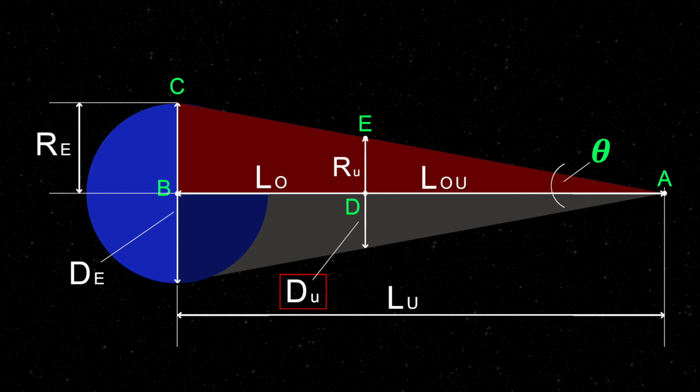The large triangle represents half of the entire umbra vertical cross-section. Its vertical side is labeled R sub E, and its length is the radius of the Earth. Its horizontal side is labeled L sub U, and it represents the length of the Earth's umbra.